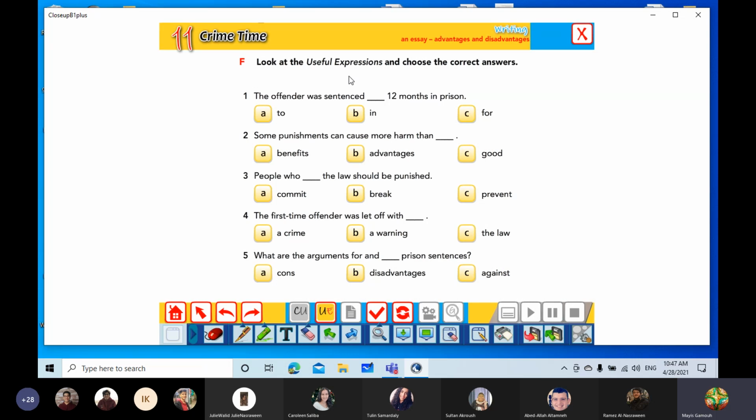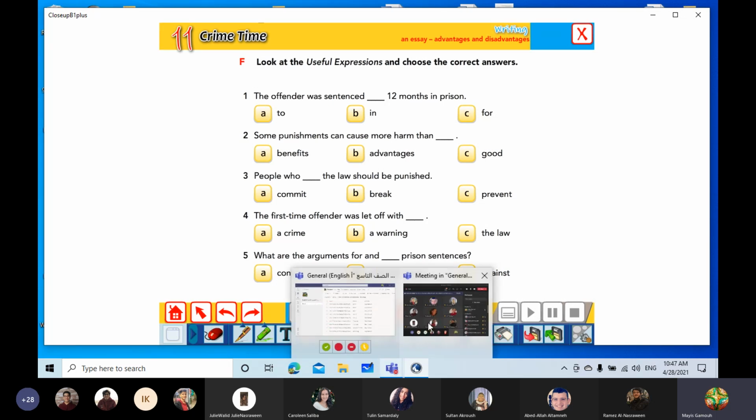Here we have a box in your student's book titled useful expressions, and there are two columns. The first one is regarding advantages and disadvantages, and the second one is regarding discussing crimes. We have to use them in order to answer our question in here. And number one will be 4.